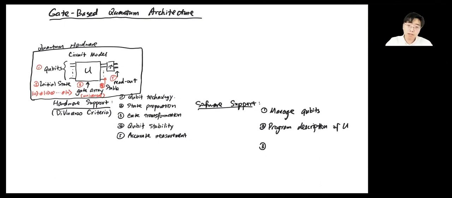And third, we should be able to translate a program description of the unitary transformation to the native instructions or gate array that the hardware supports. This is a process called quantum compiling.